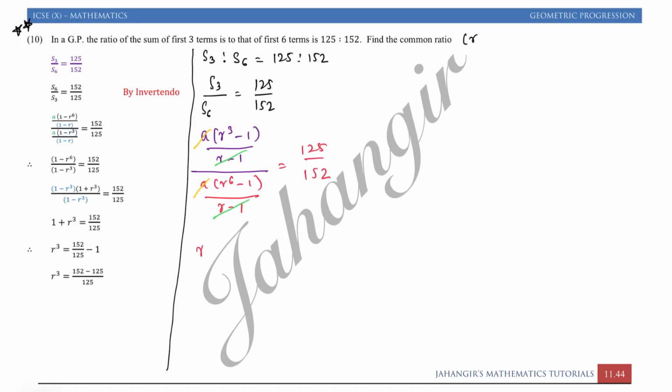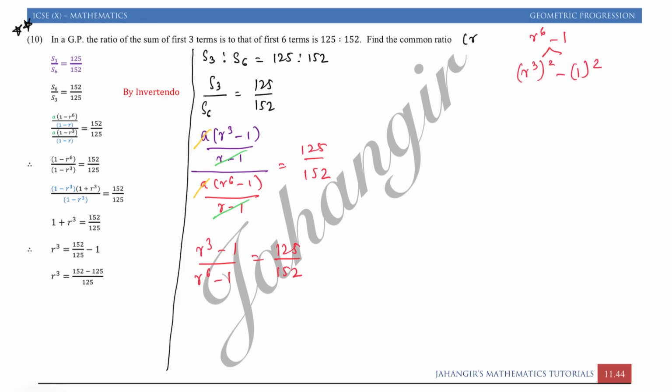So now what is left is R cube minus 1 upon R raised to 6 minus 1 is equal to 125 upon 152. Now R raised to 6 minus 1, how will we factorize it? We can write R cube whole square minus 1 square.